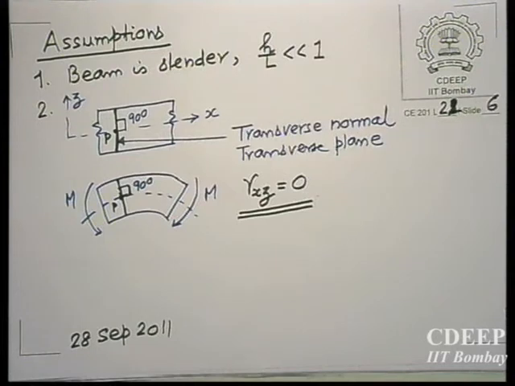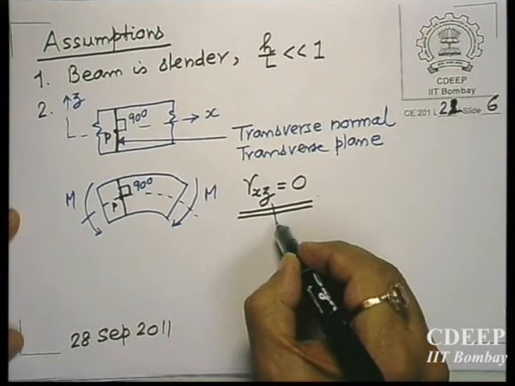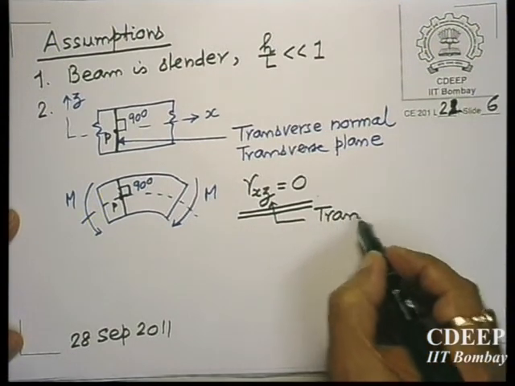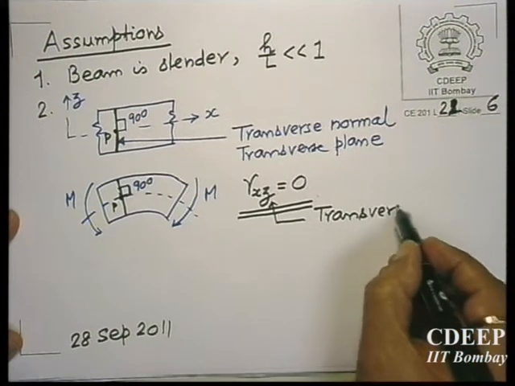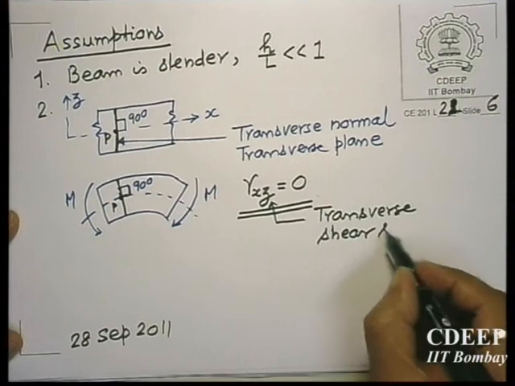So this gamma xz is called the shear angle, transverse shear strain.